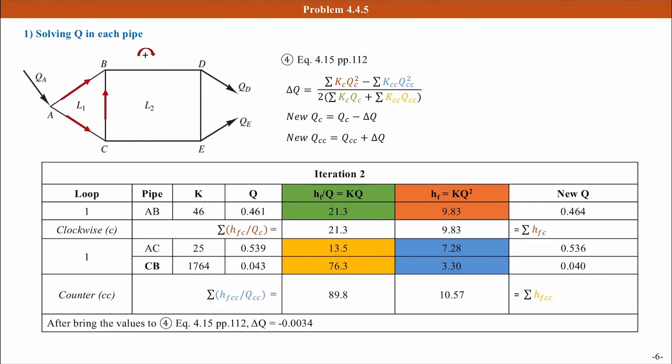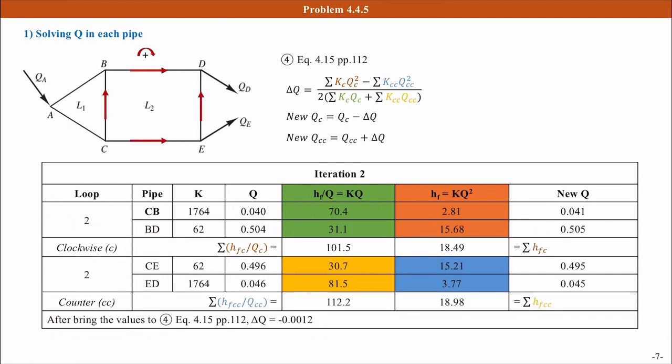After we finish the first iteration, we need to do another iteration in loops 1 and 2. Then we can get the final flow rate in each pipe.